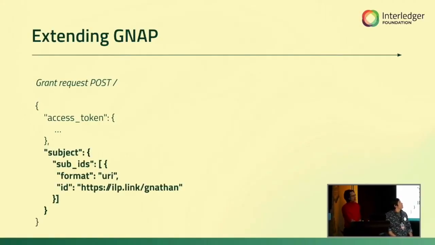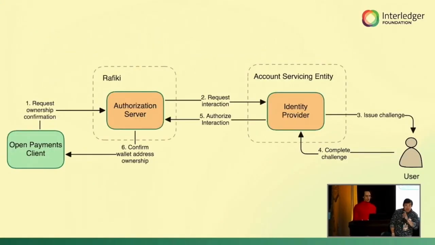So instead of asking for access in a grant to make outgoing payments or incoming payments, you just provide the subject field with the wallet address that you want to verify. For example, I simply provide that I want the user to check that they really do own ilp-link.canadian. I really hope you reserve this wallet address if you haven't. I really should.